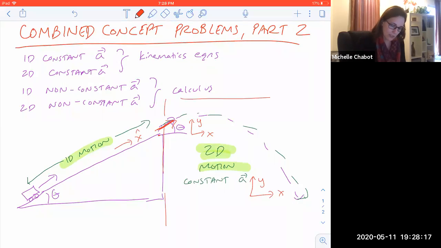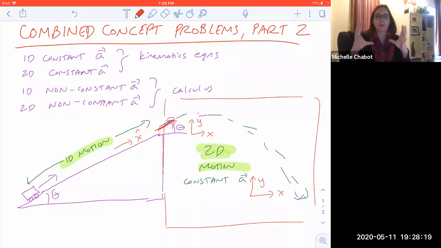So you do it the same way that we talked about before with all combined concept problems, where you say, okay, I'm going to first look on the ramp and I'm going to use 1D motion with either constant or non-constant acceleration. You got to read the problem. And I'm going to use that in order to find whatever important thing. A lot of times it might be the velocity headed into the next part.